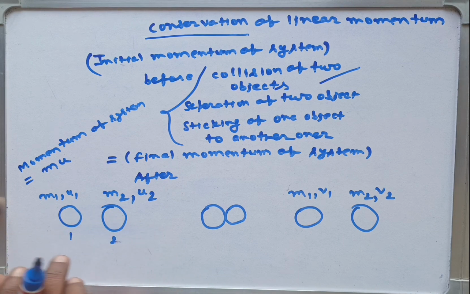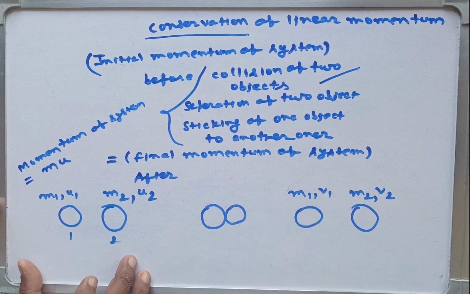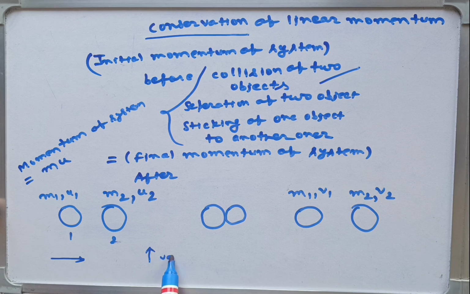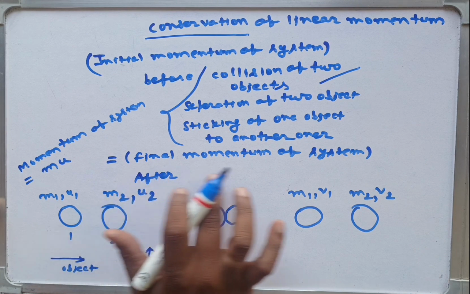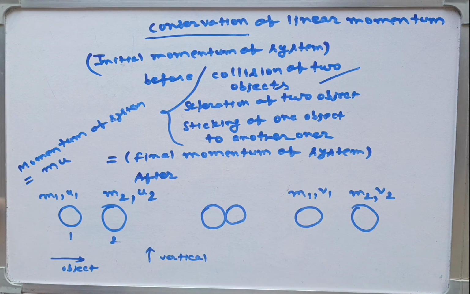One more important thing: when we are talking about conservation of linear momentum, the object is traveling in one direction, say horizontal, or it may be vertical. So the momentum of the system in that direction will be conserved. If any of these three things happen, then the final momentum of the system must be the same as the initial momentum.